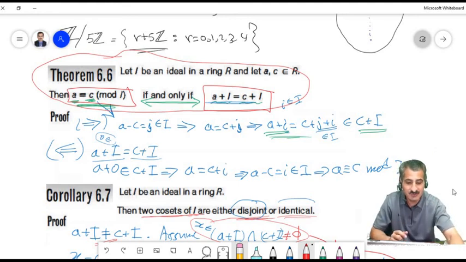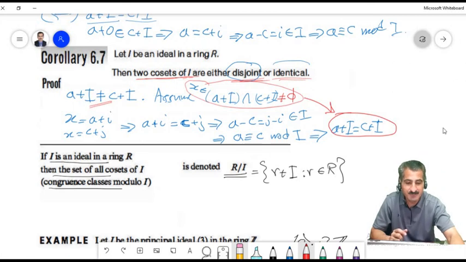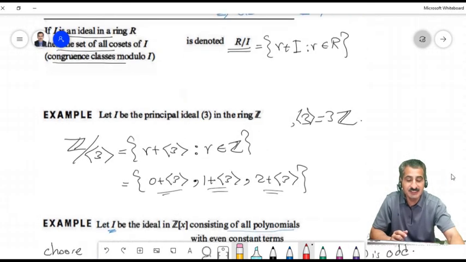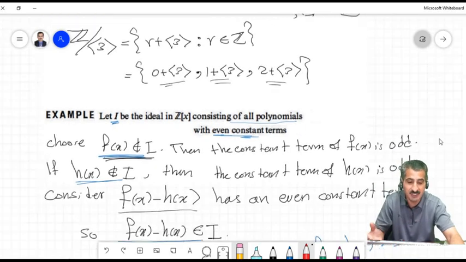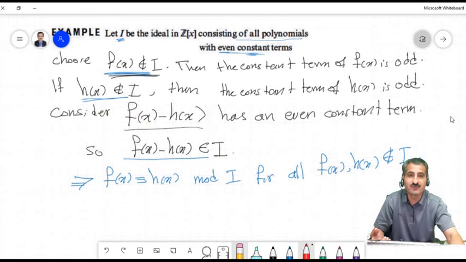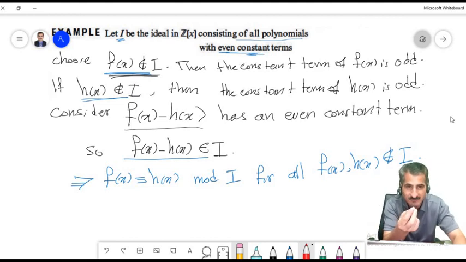So let's go back to the ideal below there. The coset of the ideal itself, which is I, consists of all polynomials whose constant term is even. So give me a polynomial of that kind and make a coset of it, and give me the simplest one, which is 0.